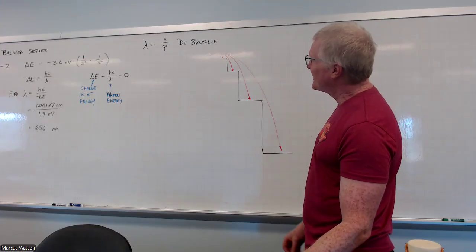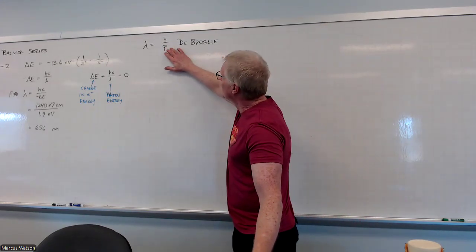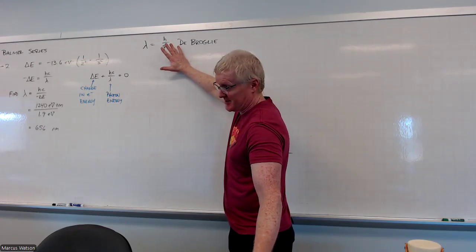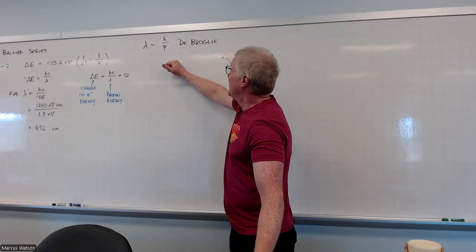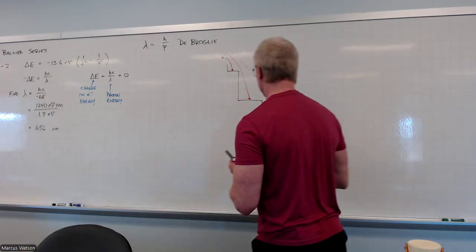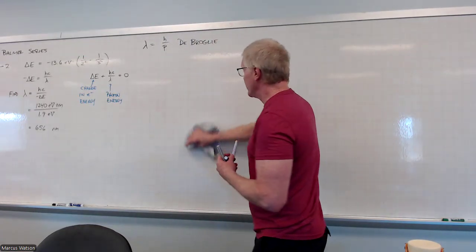So let's talk about this. In other words, electrons with a particular momentum are going to be wave-like in their nature, I guess is what you'd say. And I want to take a minute or two here to describe the double slit experiment from the electron standpoint.